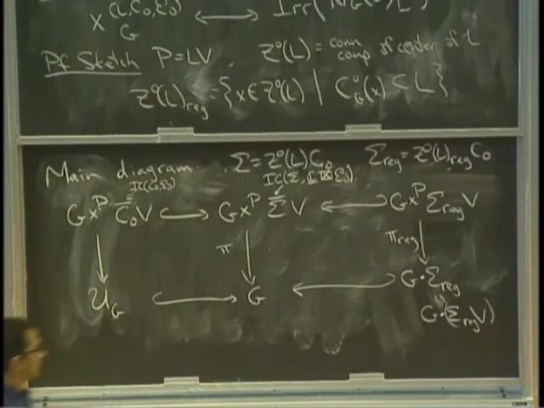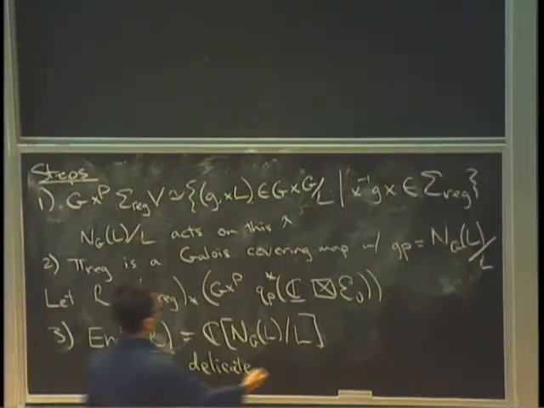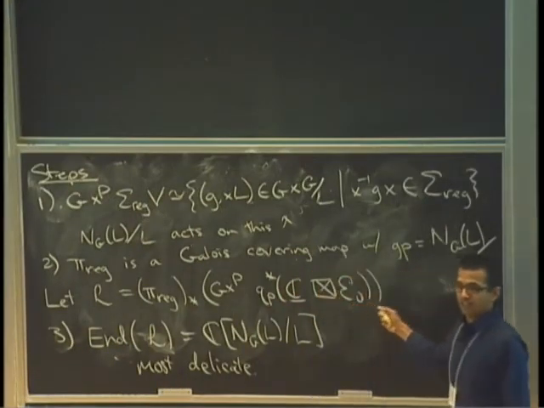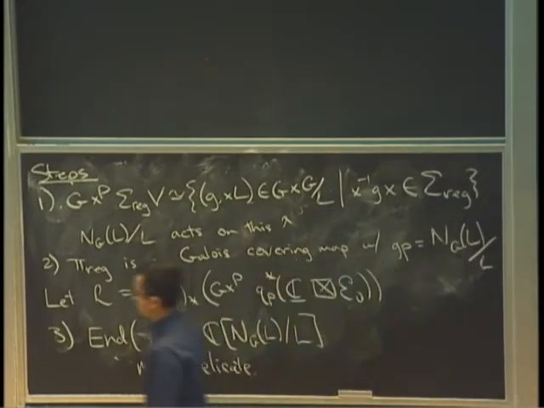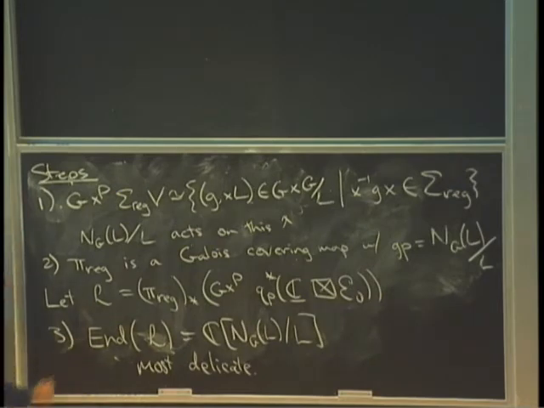Now we're pushing forward something that, well, E naught is something. It's usually not a constant sheaf. And this statement, you shouldn't be deceived by the easiness of stating it or its similarity to yesterday. It depends on a lot of things. It's not just about the geometry of this map.